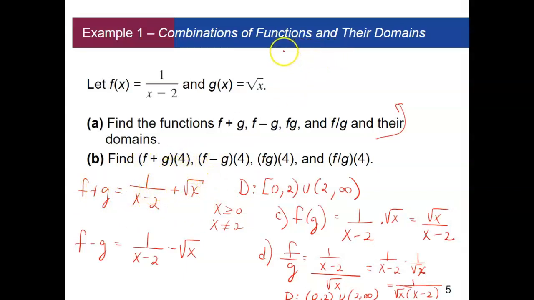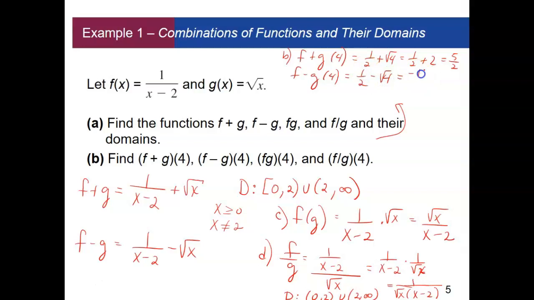So f plus g of 4, if I plug 4 in here, I'm going to have 1 over 2 plus the square root of 4. So that's going to be 1/2 plus 2, or 5/2. If I do f minus g of 4, then I'm going to have 1/2 minus the square root of 4.